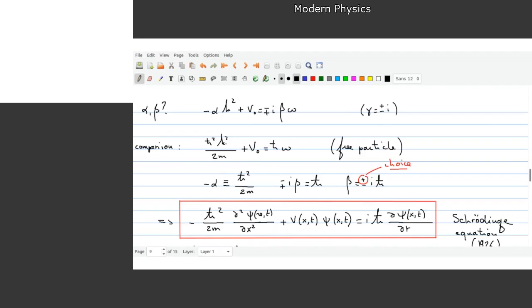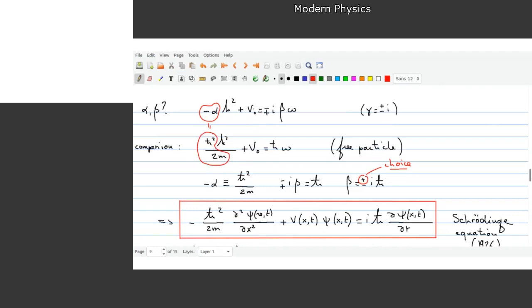If you compare these two expressions, you will see that minus alpha, which is the coefficient of k squared, would be equal to h bar squared over 2m. What is the coefficient of k squared here? It is this one.